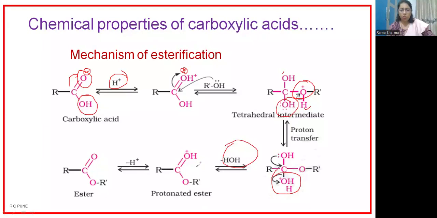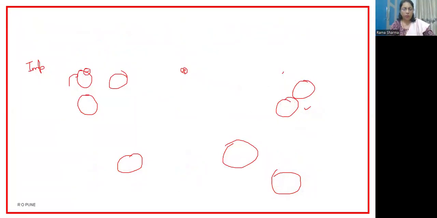We get the protonated ester. By removing the proton from it, it will give the ester. With this mechanism, we are able to understand that the OH group is given by the carboxylic acid and H plus is given by the alcohol. In this way, we have completed the process of esterification.